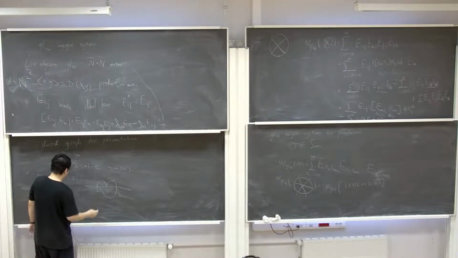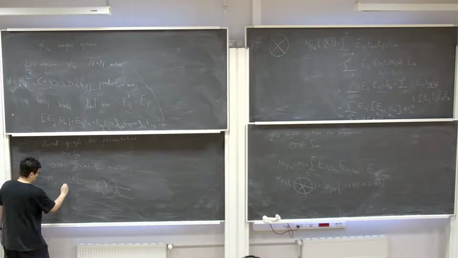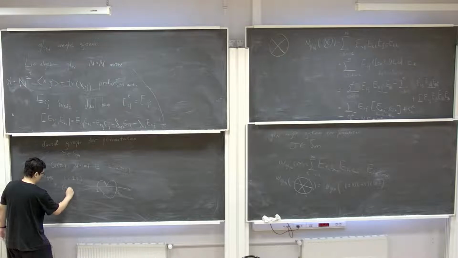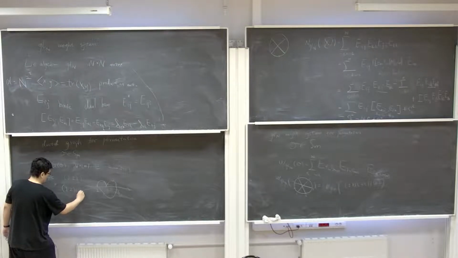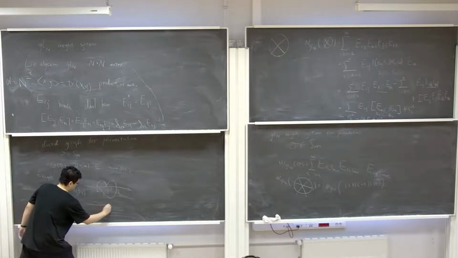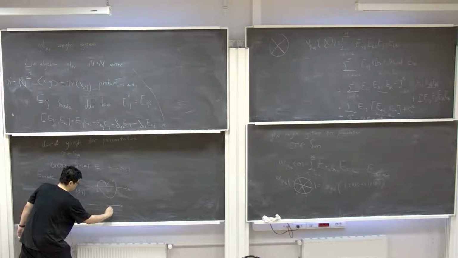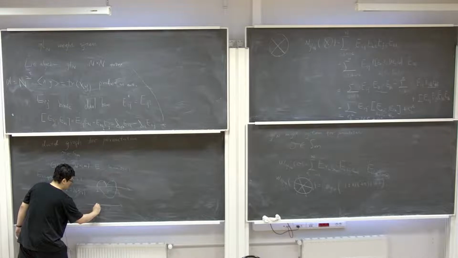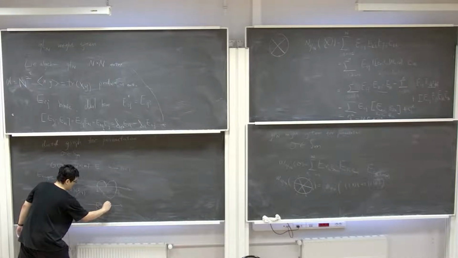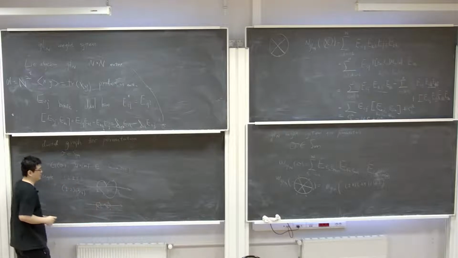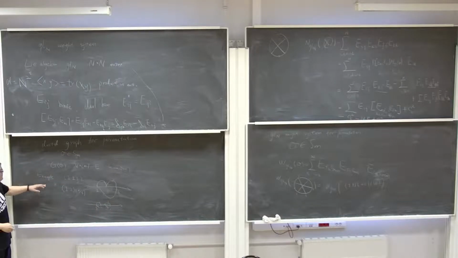Another example is 1, 2, 3, 4: 1 to 2, 2 to 1, 3 to 4, 4 to 3. So this is an example of the directed graph for the permutation.